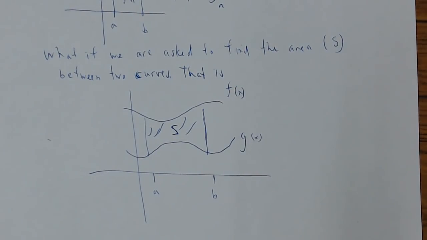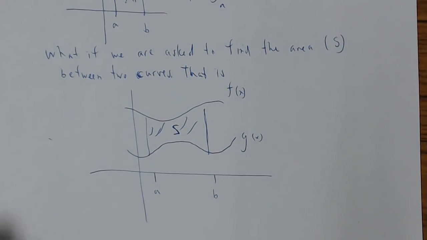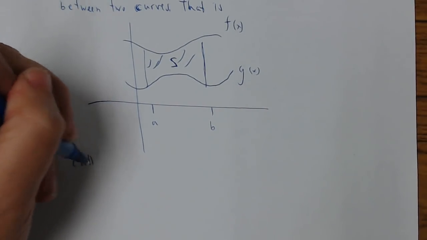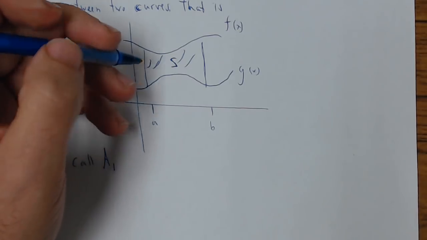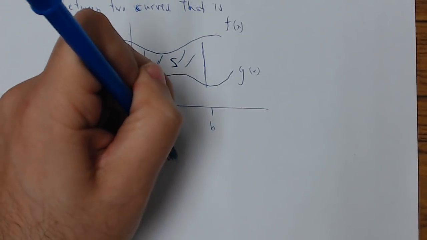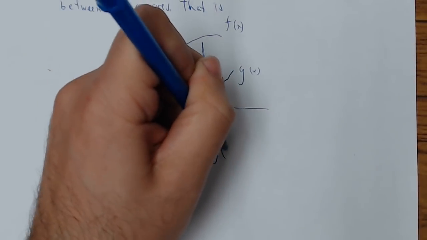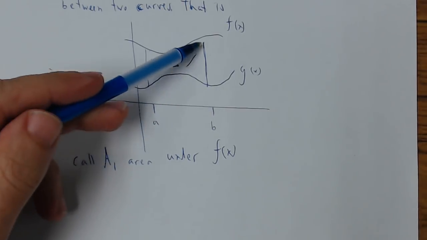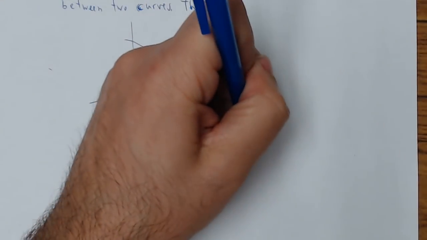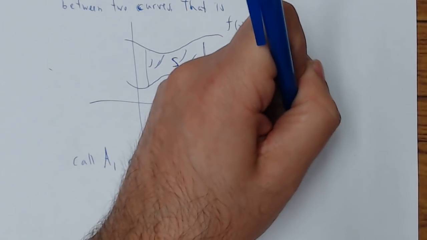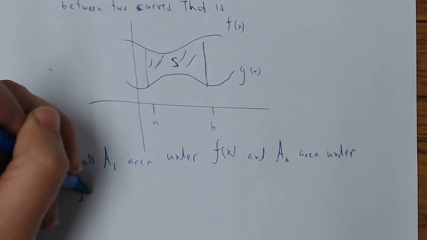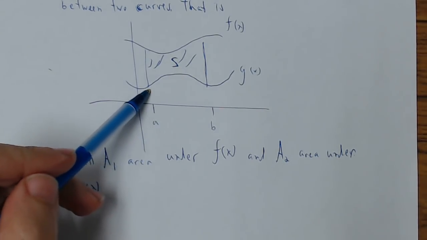I'm pretty confident that you guys have a good idea as to how you'd find the area between the two curves. Let's call A sub 1 the area under f of x, so A sub 1 would be all of this area, which is under f of x. And let's call A sub 2 the area under the function g of x, which is all of this area.